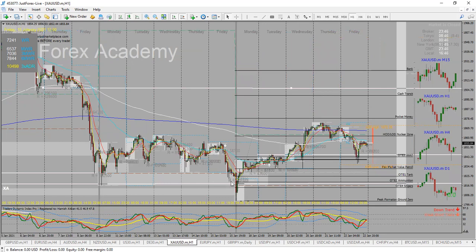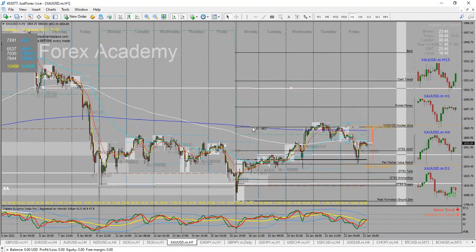This is 1, 2, 3. Each week was rated and closed above. Now this is the high of this day's New York session. This is one.